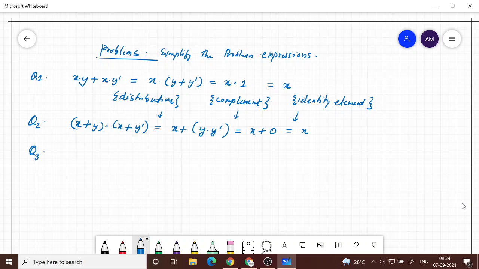Number 3, x, let me put the dot explicitly, x dot y dot z.